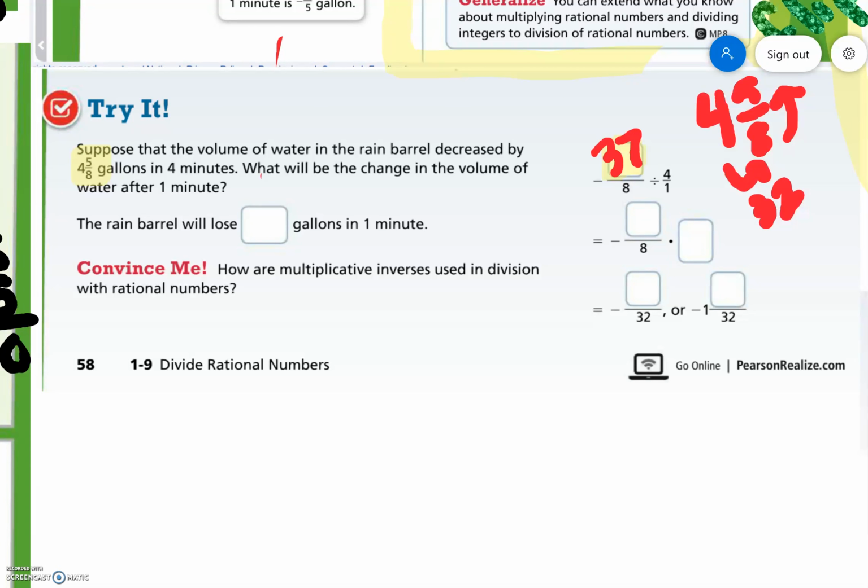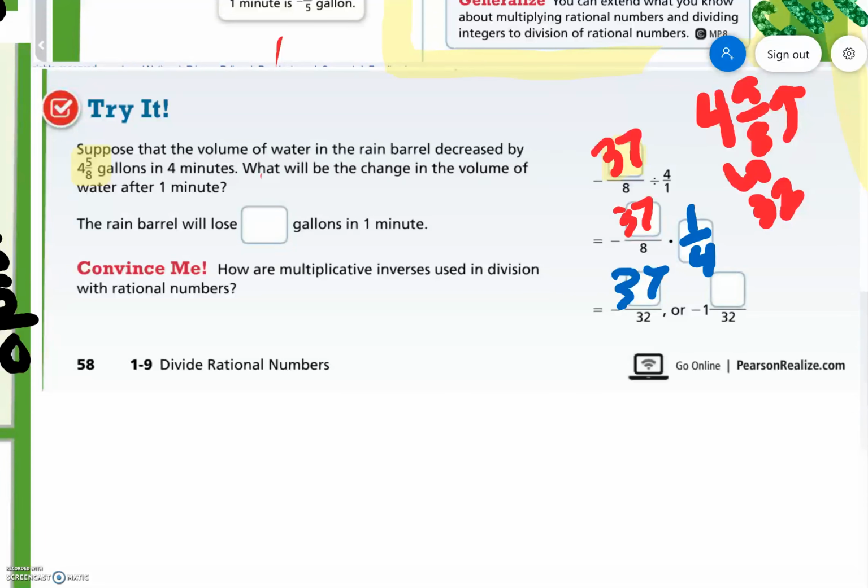So then we're going to use stay, change, flip. We're going to stay -37/8, change to a multiplication, and flip the second fraction. Multiply straight across. 37 times 1 is 37. 8 times 4 is 32, which they already have for us.